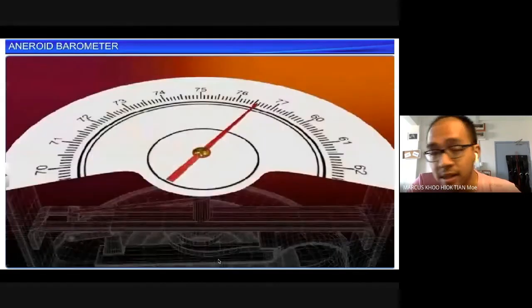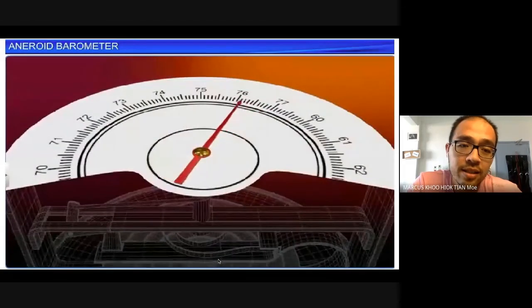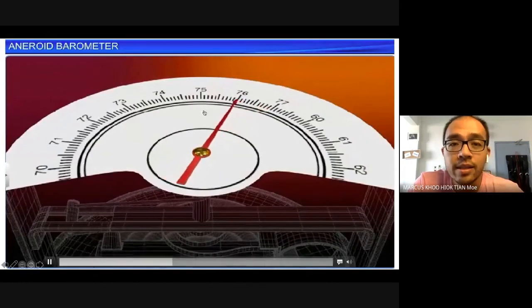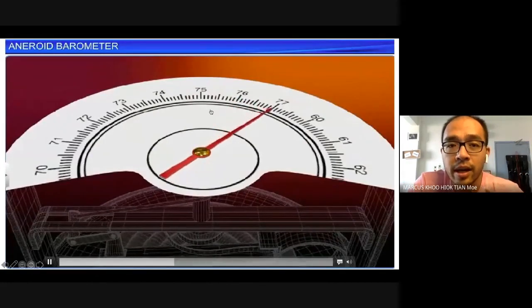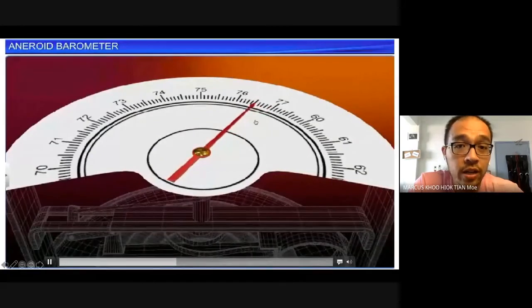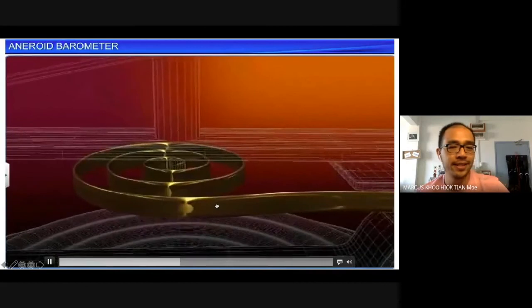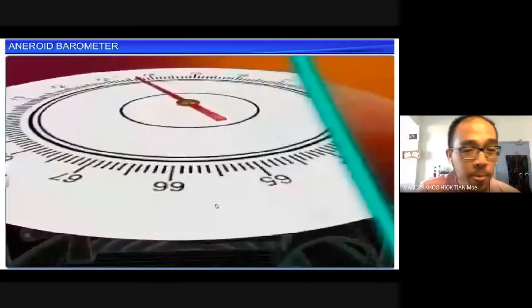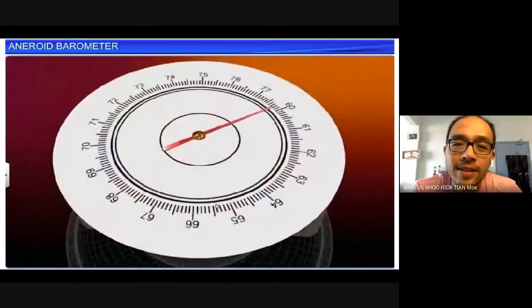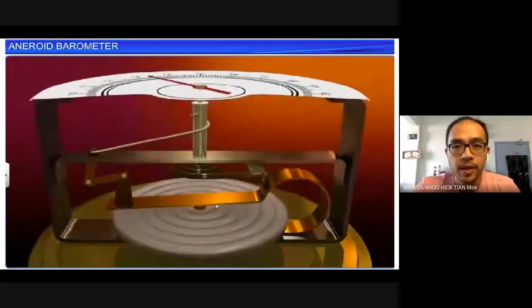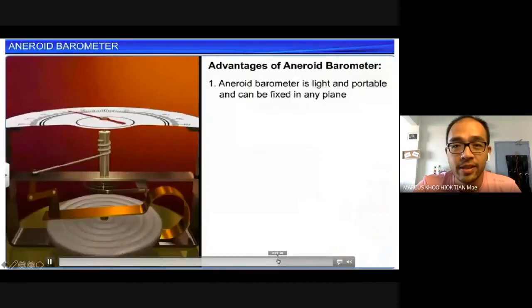Oh, interesting. Yeah, so this whole system moves the pointer to tell you the reading of the atmospheric pressure. Okay, this is pretty long.